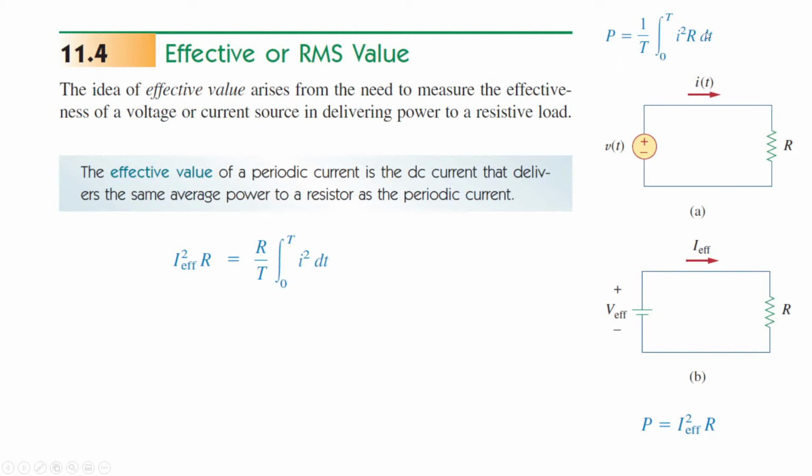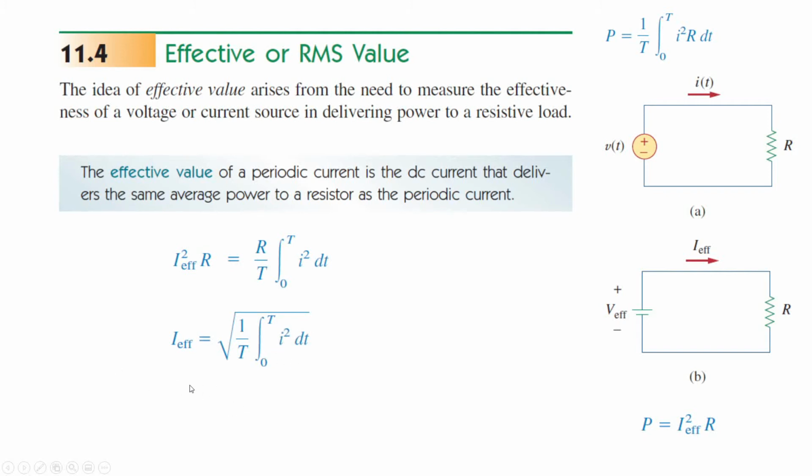Since this resistance R is not dependent on t, we can take it out of the integral. And since we have R on both sides of the equation, we can cancel both R's. Eventually we'll end up with this expression for I effective in terms of the AC current I.